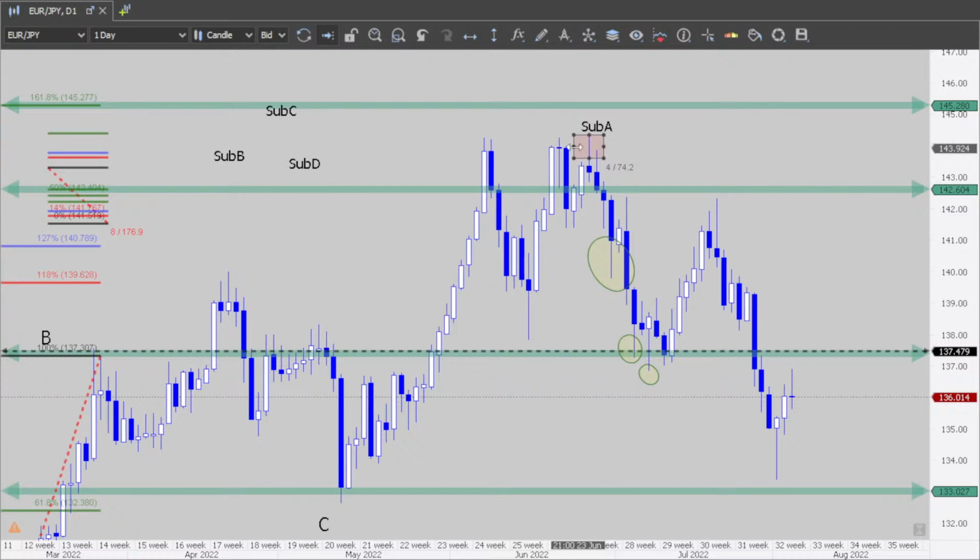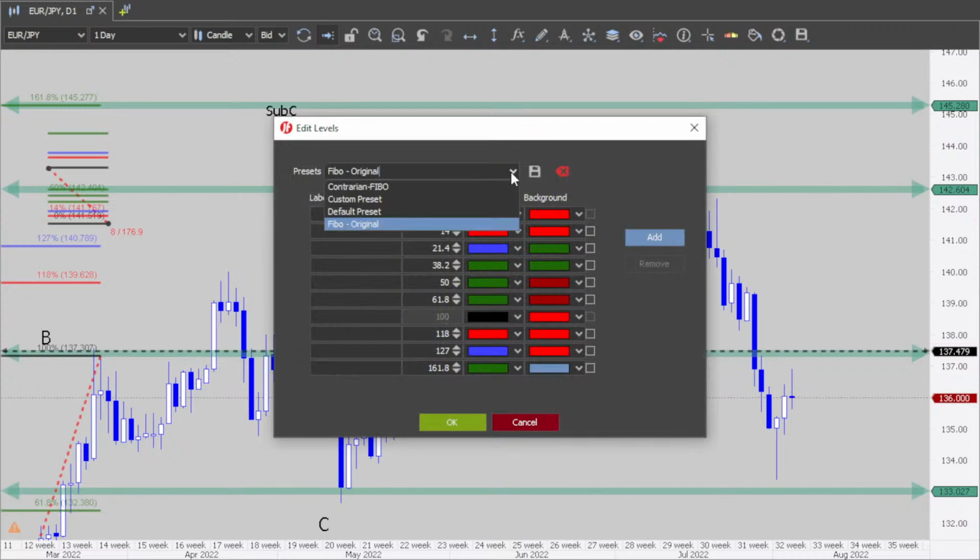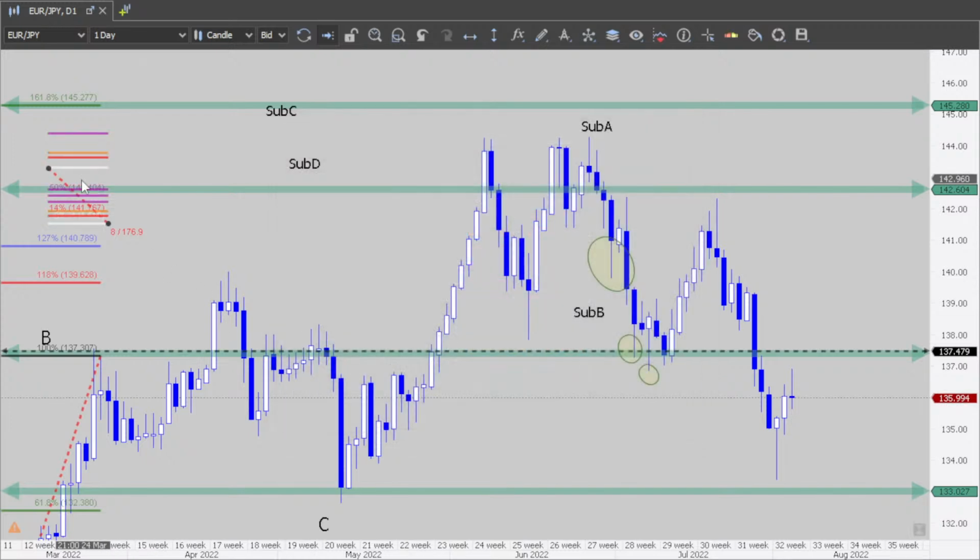Okay, now talking about the sub B, everybody. Which one is the sub B? Best practices, change the colors of the contrarian Fibonacci to have a better visual.